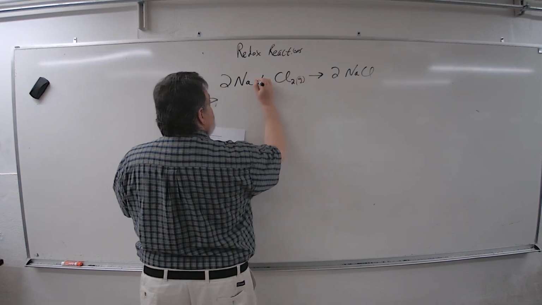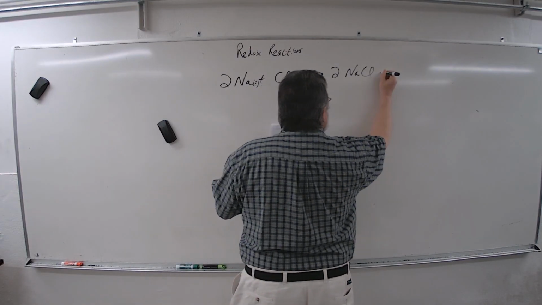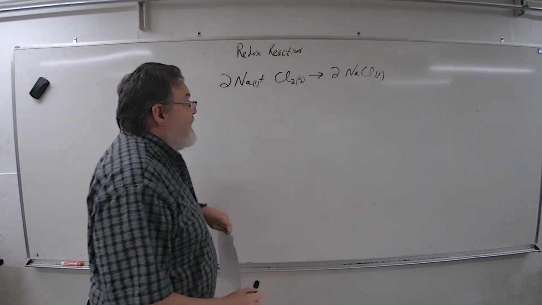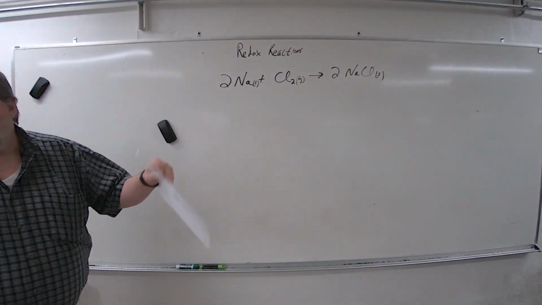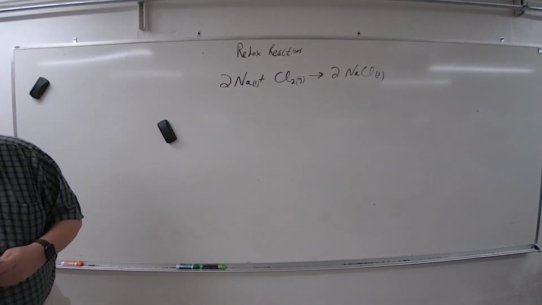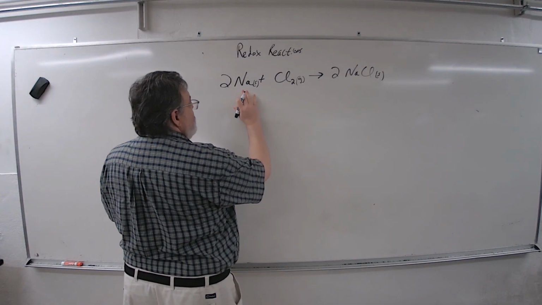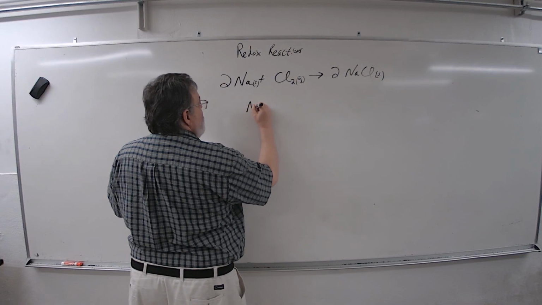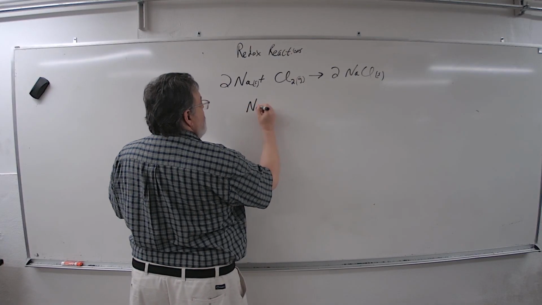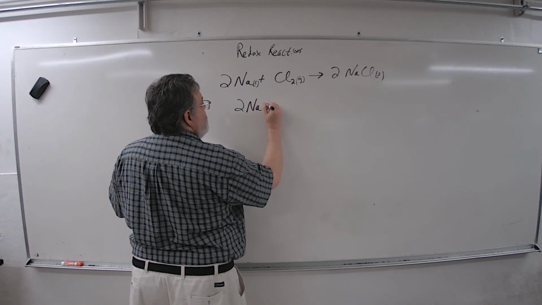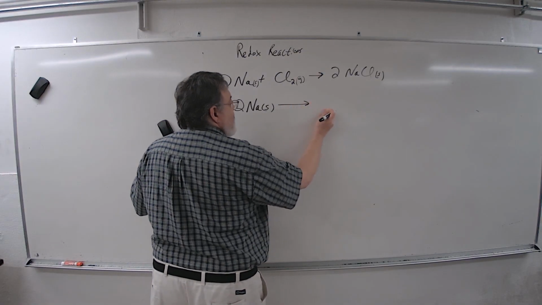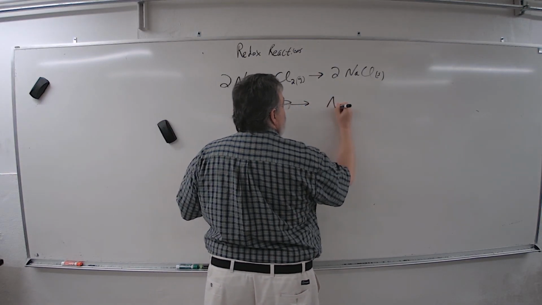That is a gas, this is a solid, and that's a solid. If you just did this reaction, what's not showing up in this equation is the transfer of an electron. So if I have neutral sodium, I'll say 2, and I just take the sodium here.